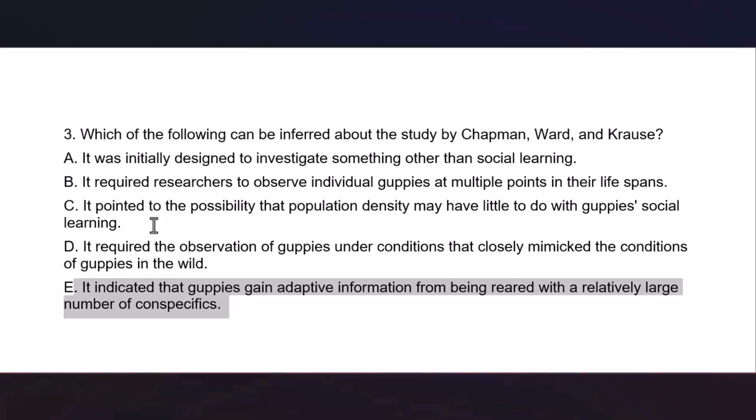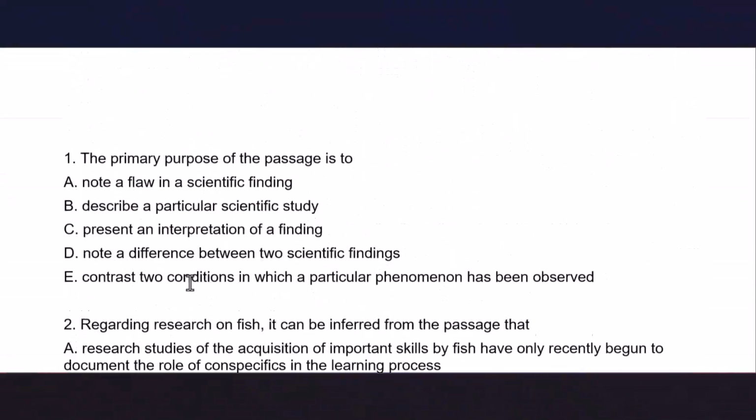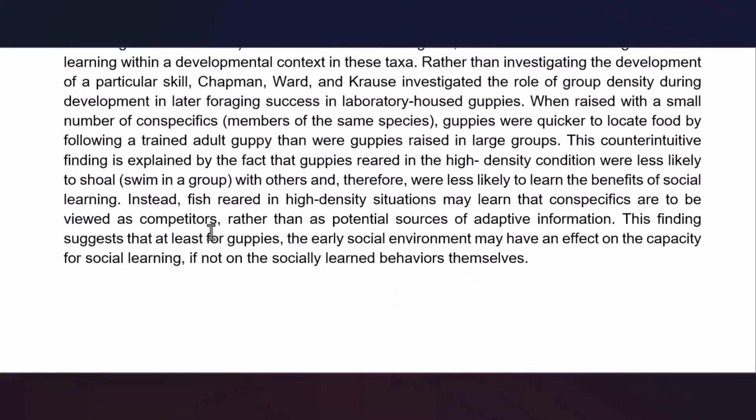Choice E: it indicated that guppies gain adaptive information from being reared with a relatively large number of conspecifics. This option is wholly against what Chapman, Ward, and Krauss concluded in their research. Here, go back to the sentence. We read that fish reared in high density situations may learn that conspecifics are to be viewed as competitors rather than as potential sources of adaptive information.